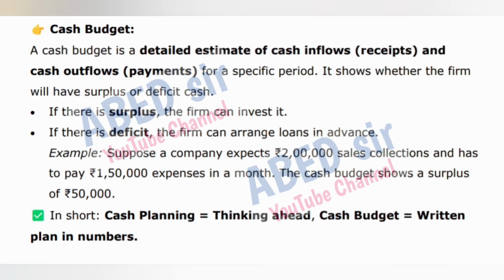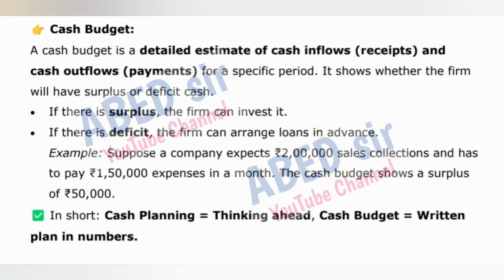Cash budget. A cash budget is a detailed estimate of cash inflows, receipts, and cash outflows, payments, for a specific period. It shows whether the firm will have surplus or deficit cash. If there is surplus, the firm can invest it. If there is deficit, the firm can arrange loans in advance.